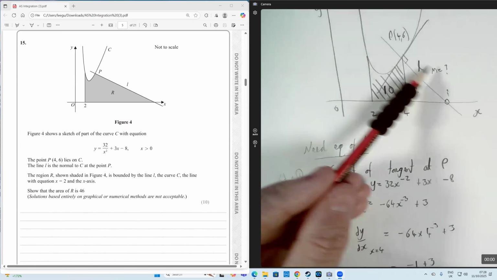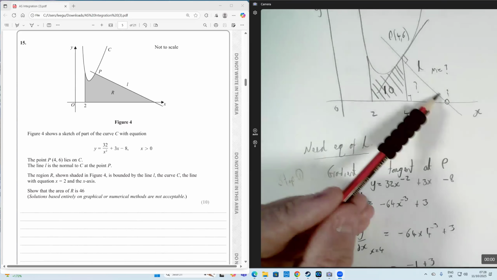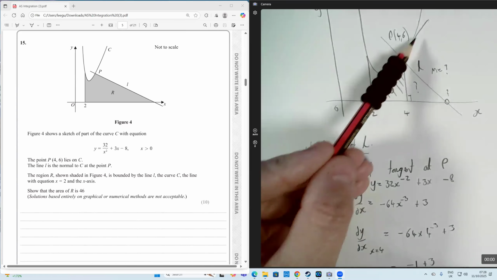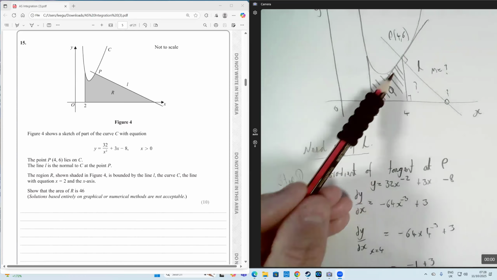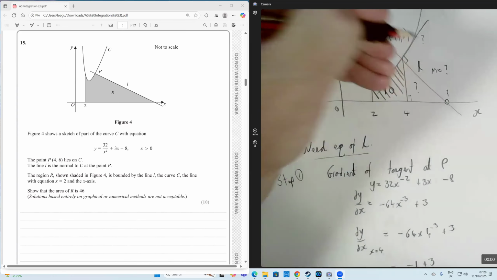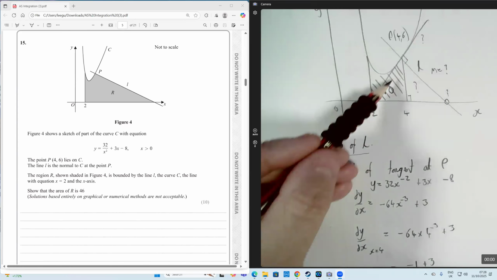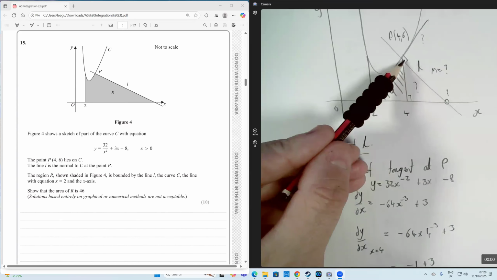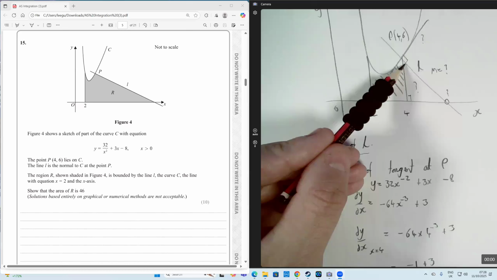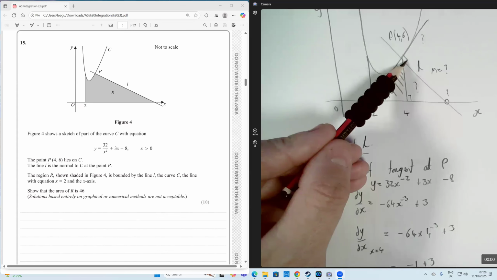How are we going to find the gradient of L? By finding the gradient of the tangent at P. If we find the gradient of the tangent at P, then the gradient of L is the negative reciprocal of that, because it's perpendicular.